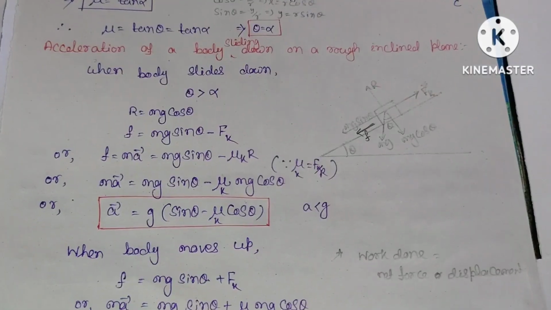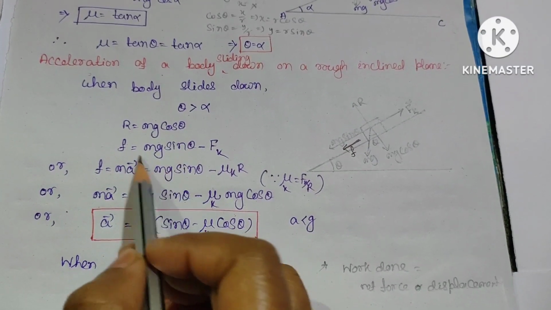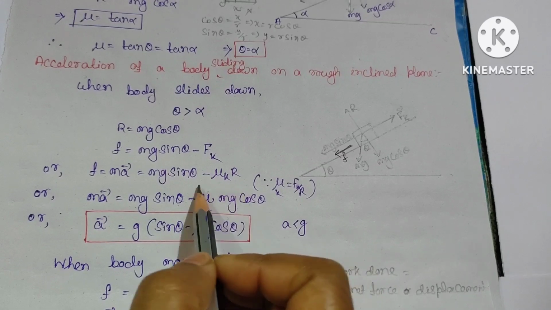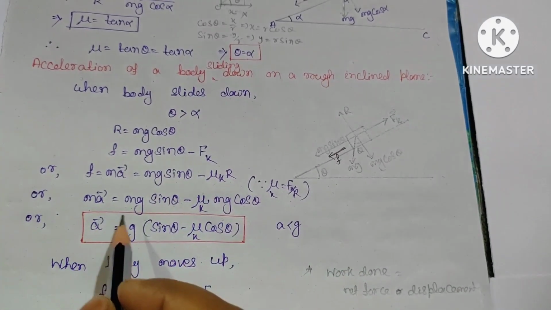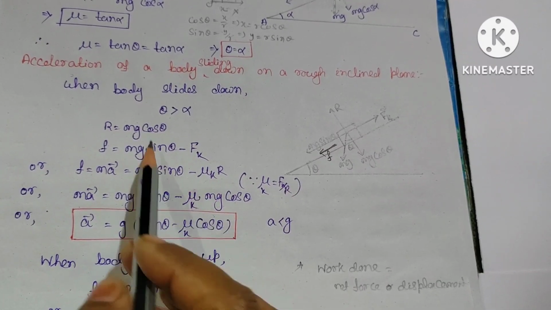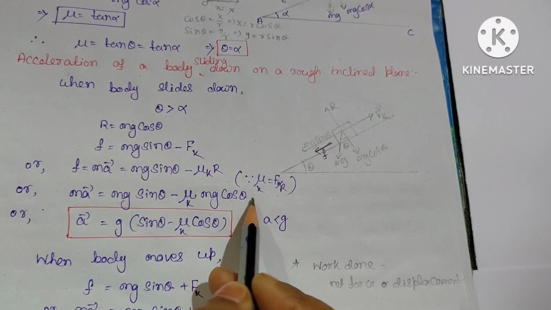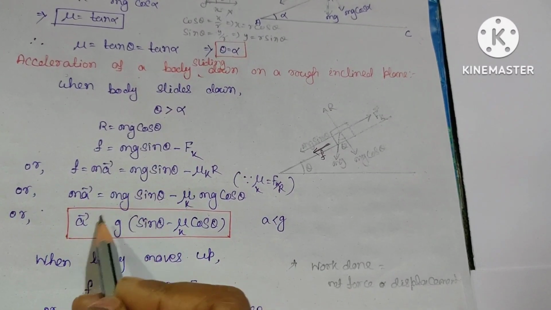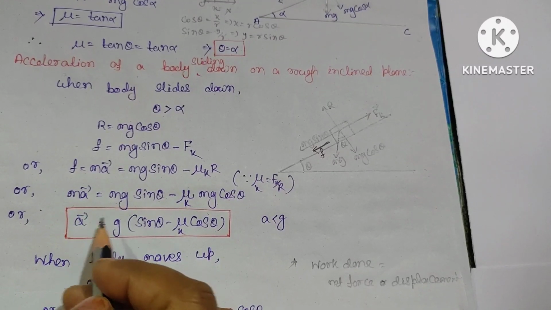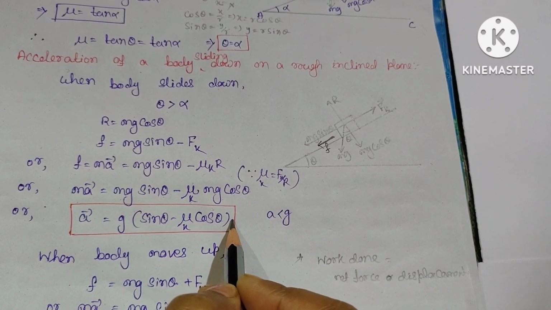So simply F equal to mass into acceleration is equal to mg sin theta minus Fk, which is mu k R. Putting this value, we get ma equal to mg sin theta minus mu k R, and the R value is mg cosine theta. So cancelling the mass terms on the left hand side and right hand side, you can see that a equal to g into sine theta minus mu k cosine theta.